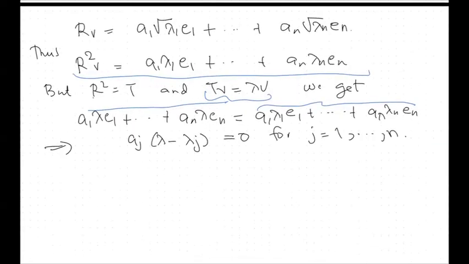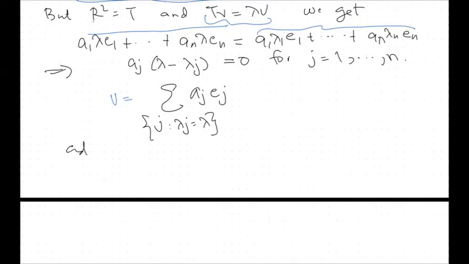That means that your v is just the summation of a_j e_j, where j here is such that lambda j is equal to lambda.